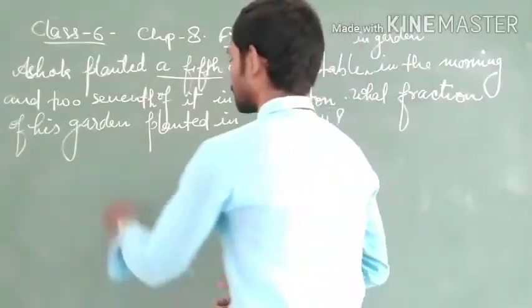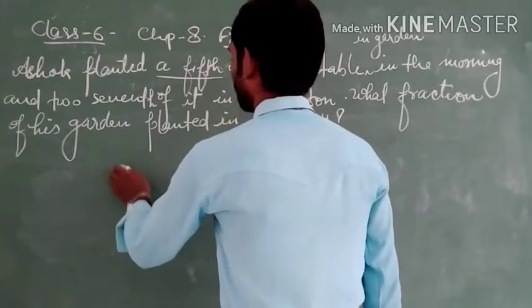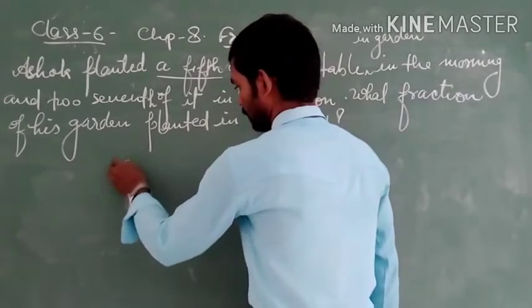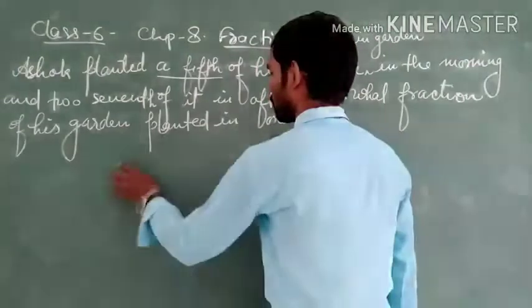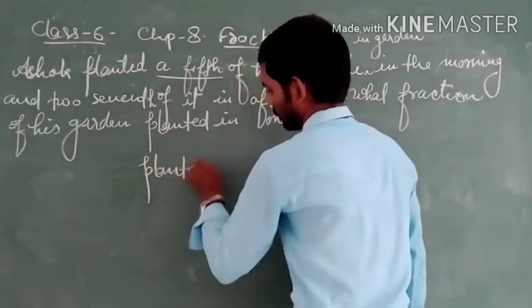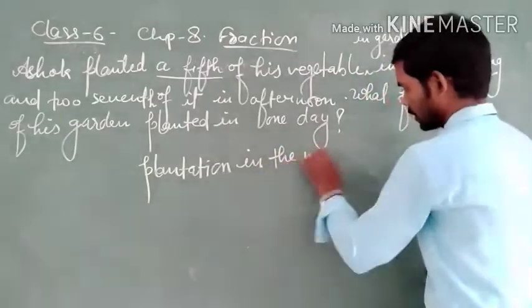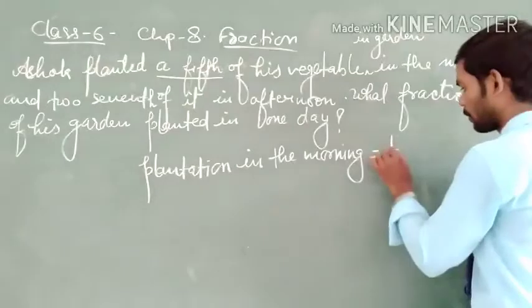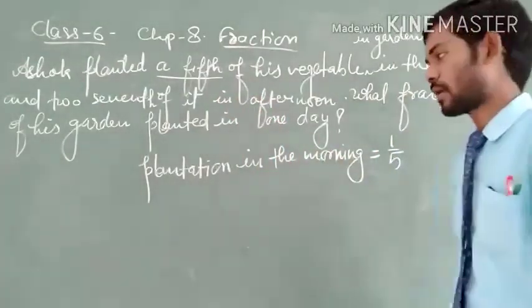So here we write plantation in the morning is equal to 1 upon 5. A fifth means 1/5 part.